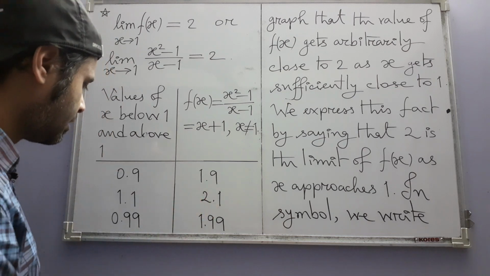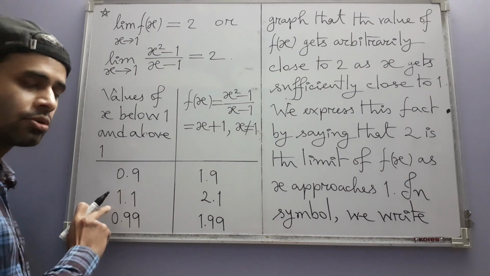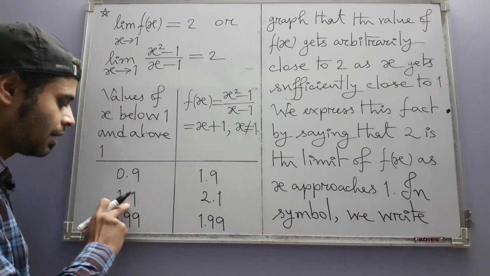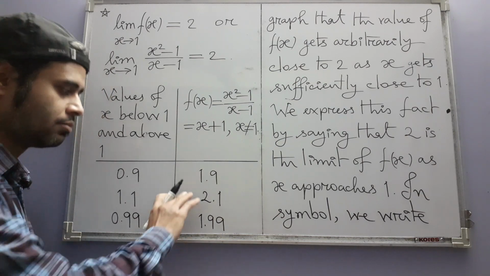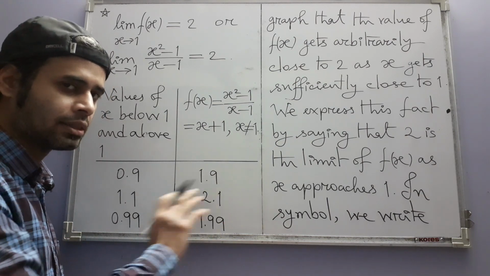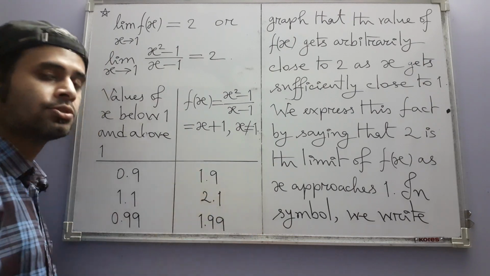On the other side, you can make this value a little more close to 1 by taking say 1.01. Then the corresponding value will get closer to 2 than this one is.